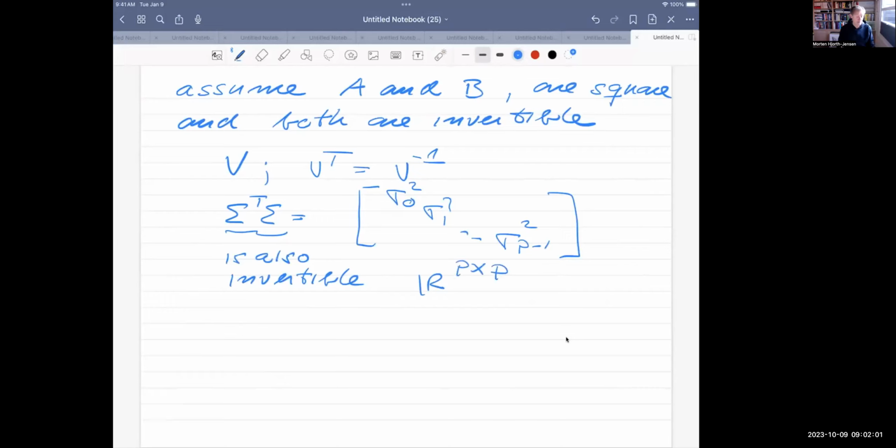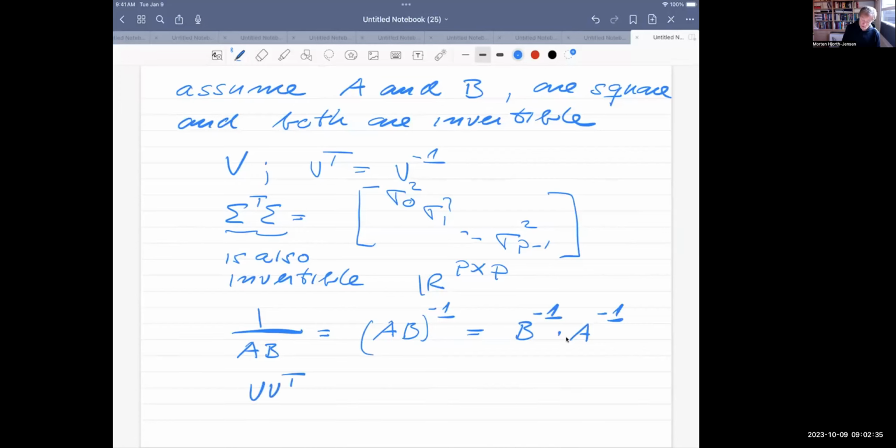So when I look at a very important property of invertible matrices: if the two matrices are square and invertible, and both our matrices V and sigma transpose sigma are invertible matrices, then the inverse of the product can be rewritten as the inverse of B multiplied with the inverse of A. And keep in mind also that V V transpose is equal to V transpose V, so we know that that is an invertible matrix.